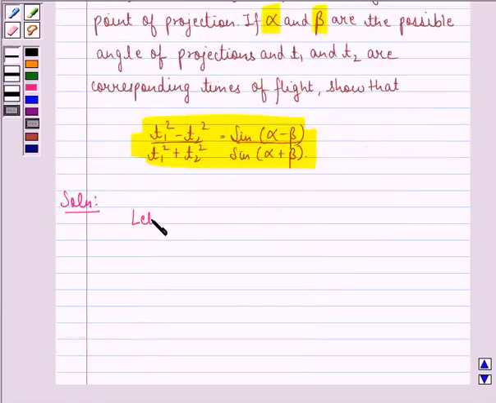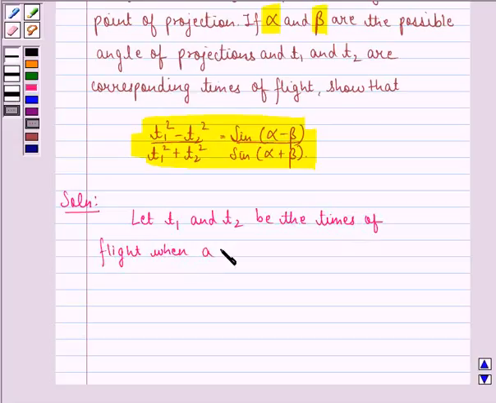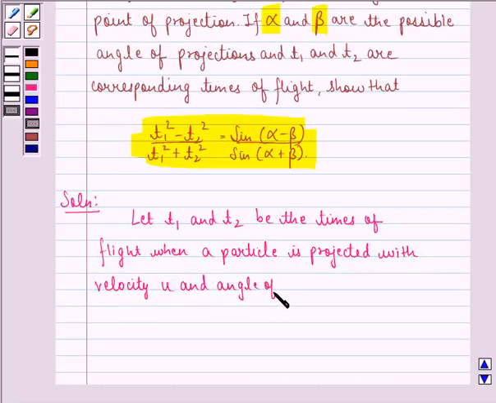Let t1 and t2 be the times of flight when a particle is projected with velocity u and angle of projection alpha and beta respectively.